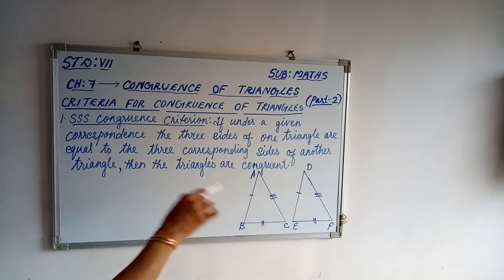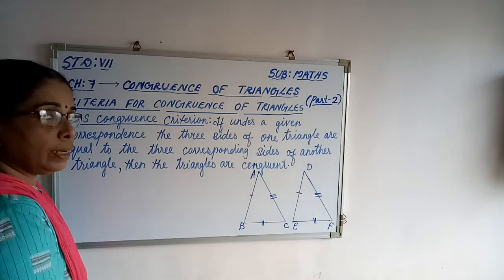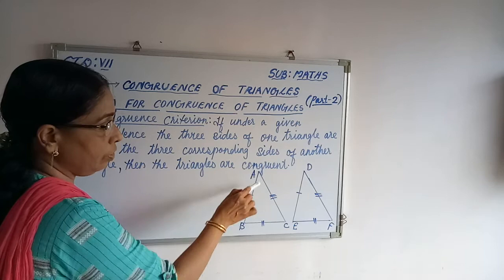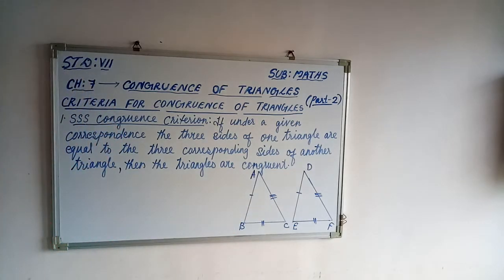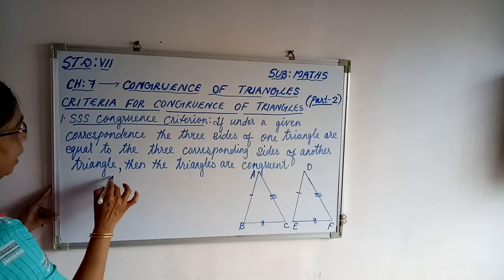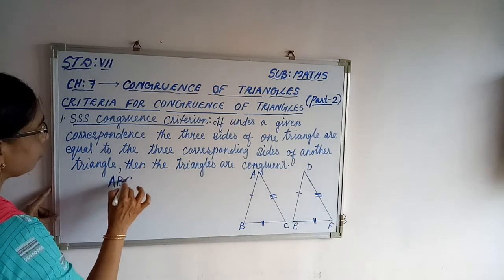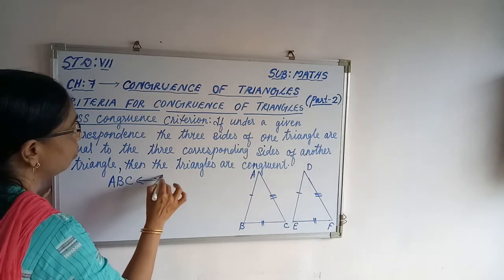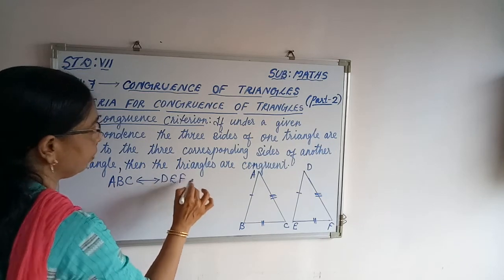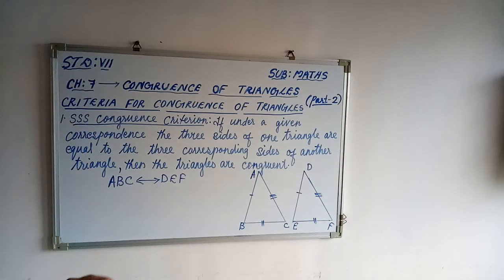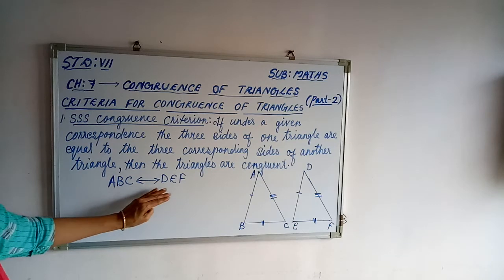See in this figure, two triangles are given, triangle ABC and triangle DEF. The one-to-one correspondence is ABC corresponds to DEF. Got it? Under the correspondence, ABC corresponds to DEF.